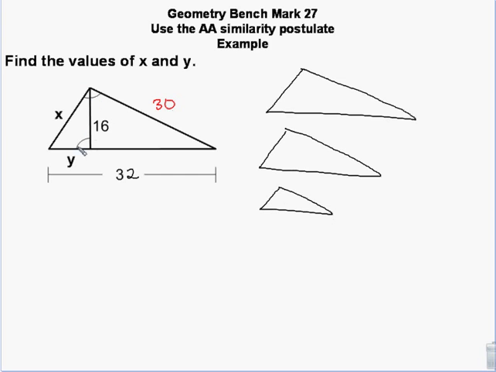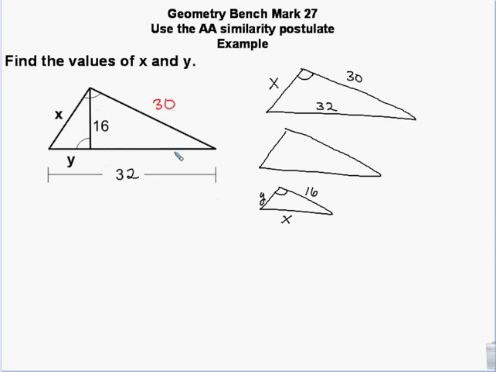For my little triangle, the short leg is Y, and the longest leg is X, and this one is 16. And that's that angle right there. In my really big triangle, the short leg is X, this leg is 30, and this leg is 32.